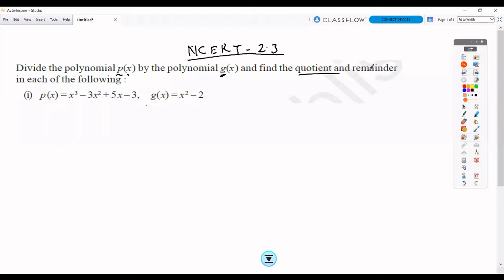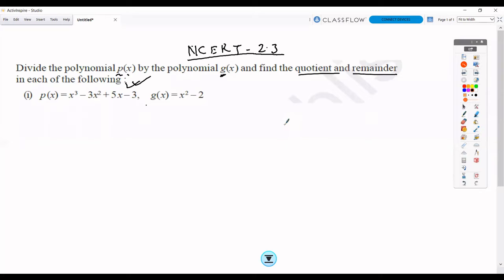And find the quotient as well as the remainder in each of the following. So your main job is what? To divide the polynomial and get the quotient and remainder. Remember, such direct questions they are not always asking, but for practice purposes, NCERT has included these questions.